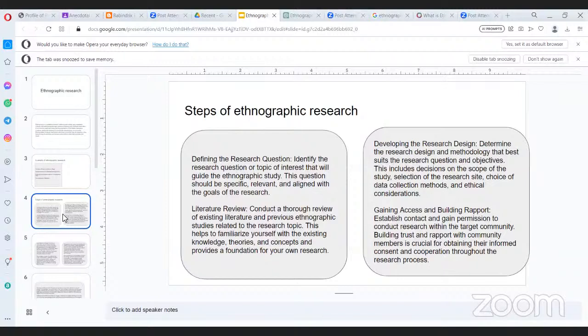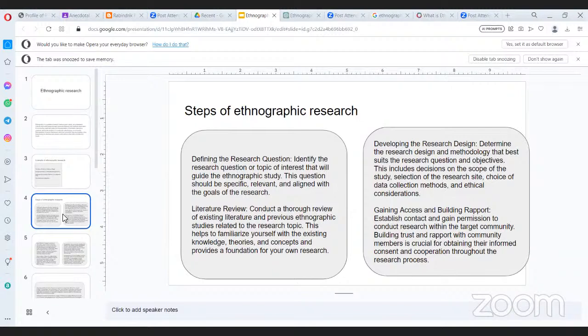So a literature review provides you a lot of insights about how to conduct the research, and you can get some ideas about whether there will be any sort of difficulties or limitations or barriers for your research. So literature review, this is very important.